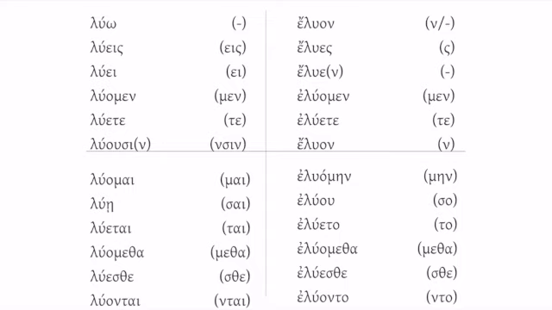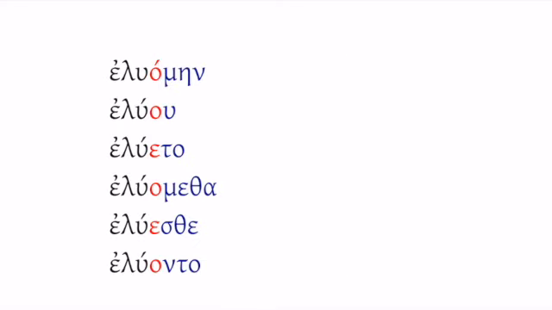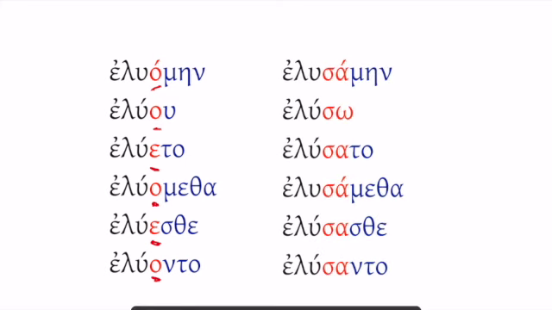These are our imperfect middle passives: eluomen, eluou, eluveto, eluometha, eluesthe, eluonto. Our aorist is based off of this, and just like with the active, we're going to replace the connecting vowels that we see in the imperfect form with sigma alpha.